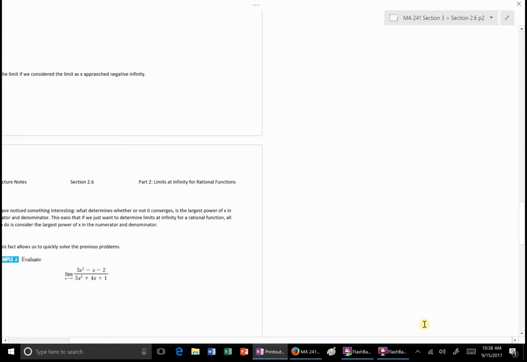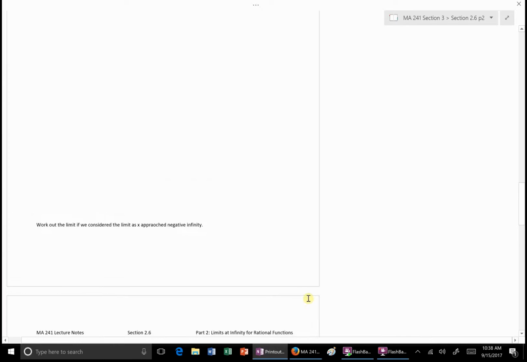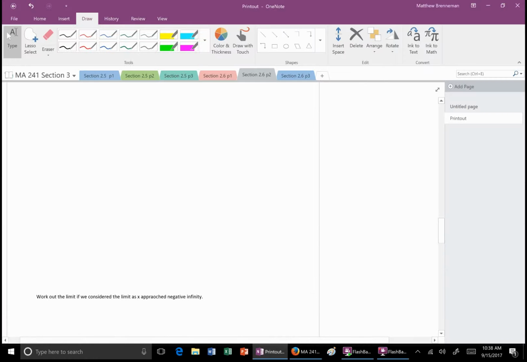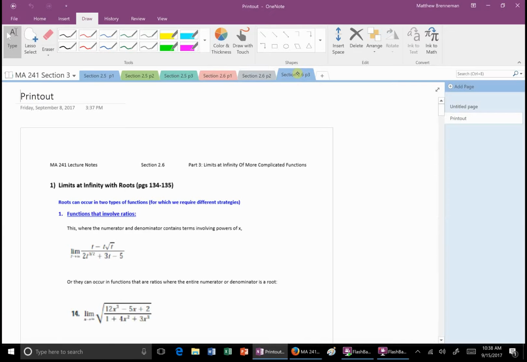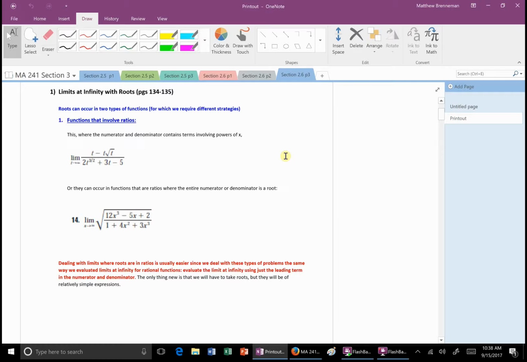So let me give you a few examples here. I'm going to go to the third part of the notes now, for 2.6. So if I want to look at this example, t goes to positive infinity of this function, how do I do that?